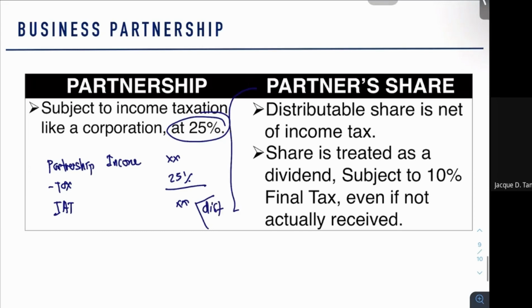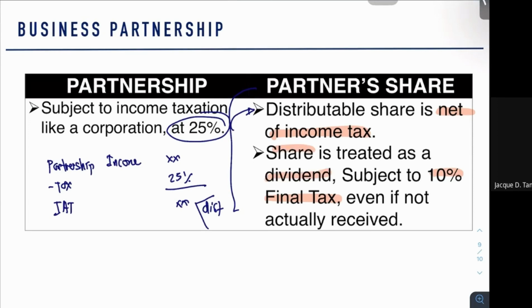So how do we tax your distributive share? The distributive share is net of income tax. It is subject to a final tax of 10%. So why is it final tax? Because the share is treated as a dividend.